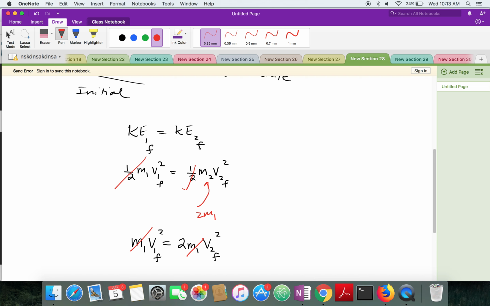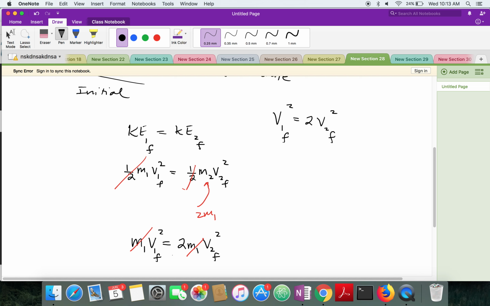Okay, so now we have this expression. We've simplified this a bit. We can say that v1 final squared is equal to 2 v2 final squared. So that's one relationship.